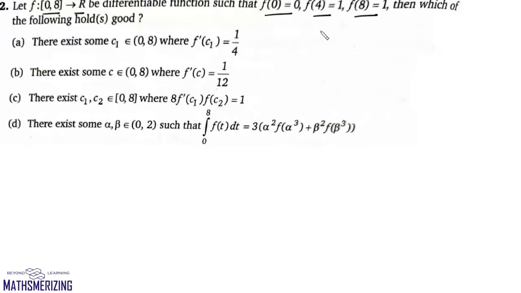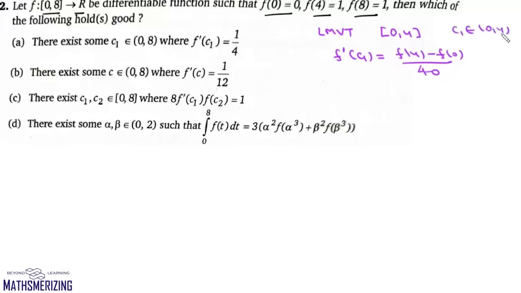Now if we use Lagrange's mean value theorem on this function f(x) in the interval 0 to 4, we can say that there exists some point c1 in the interval (0, 4) such that f'(c1) equals (f(4) minus f(0)) upon (4 minus 0), where c1 lies between 0 and 4.